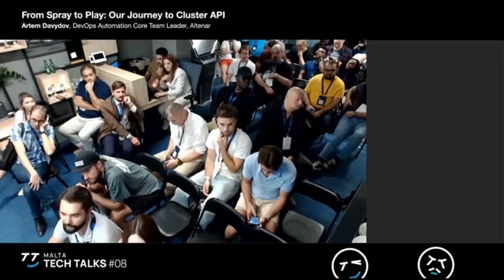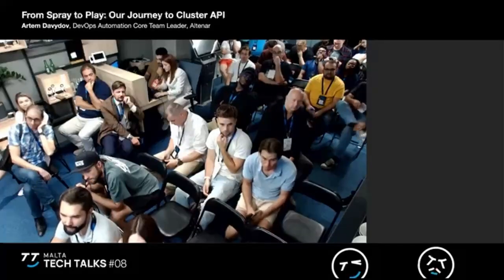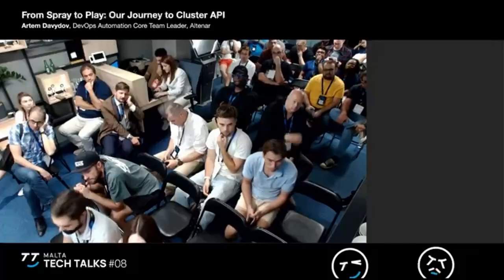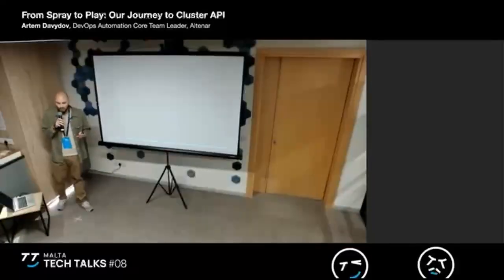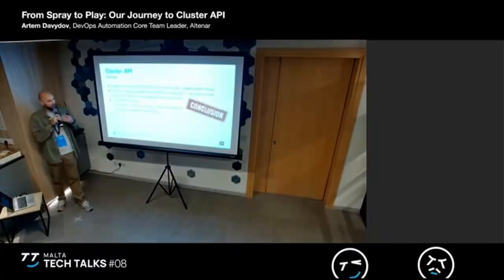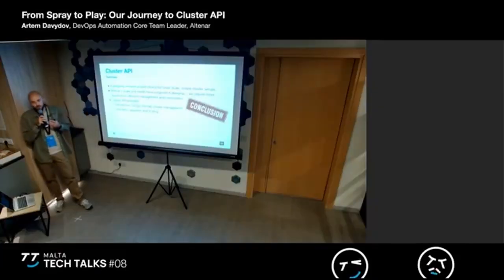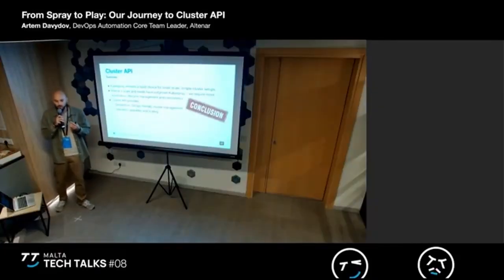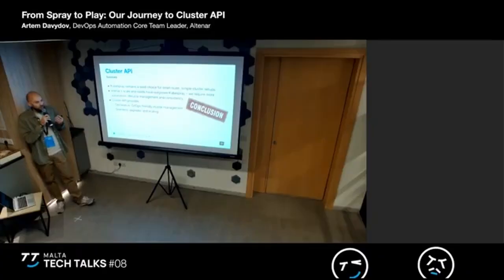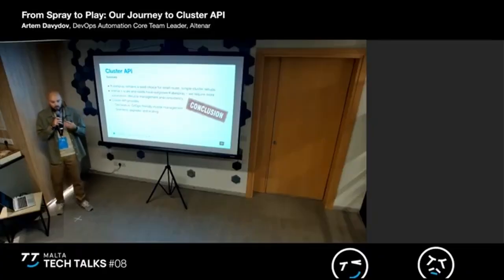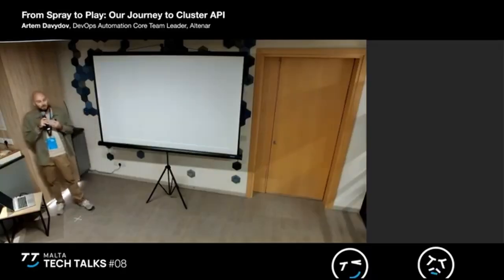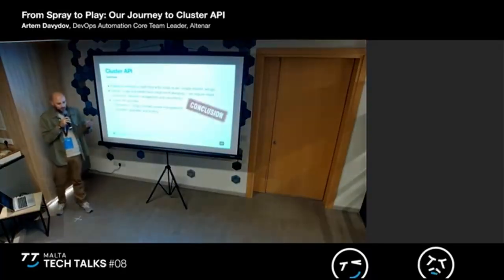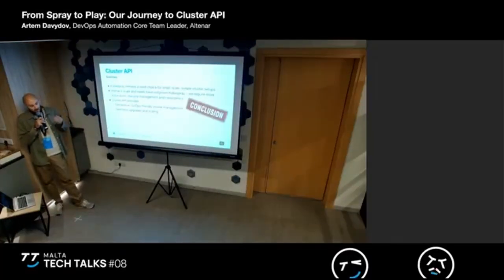So we have an ARC review process in our company. Any engineer, any developer, any DevOps who wants to implement new technology has to create an ARC review, and we have an ARC review committee which approves, or doesn't approve, or asks to make some changes in this ARC review.